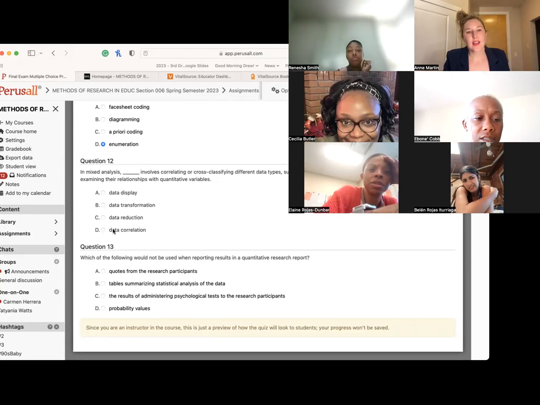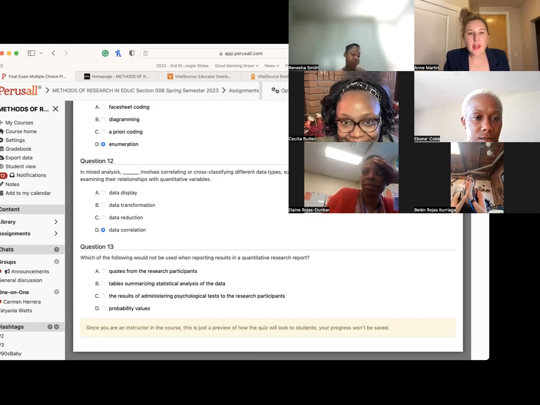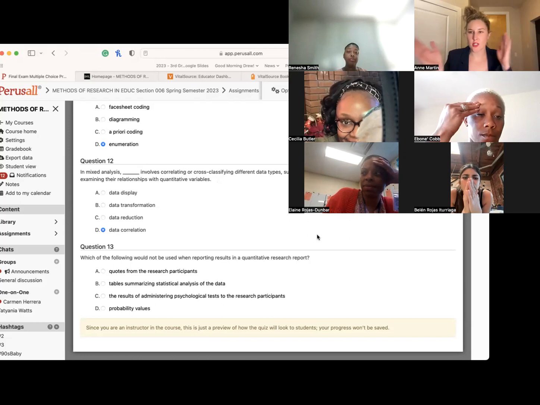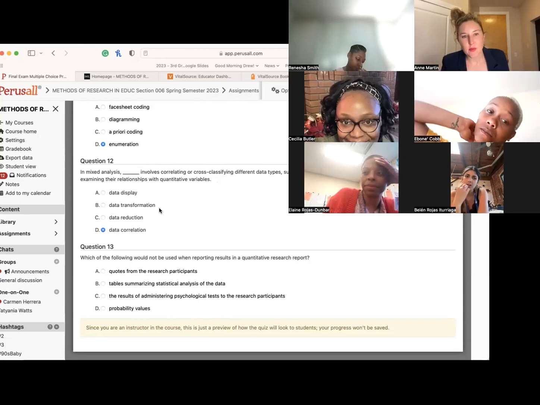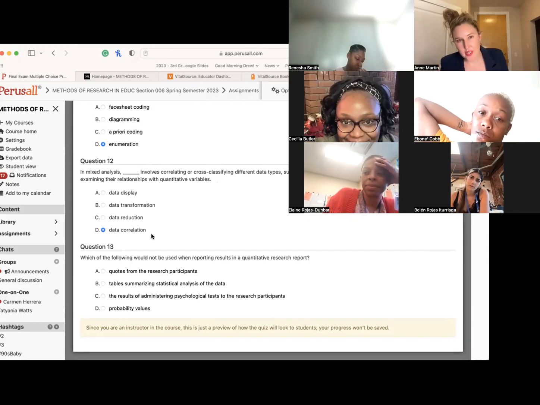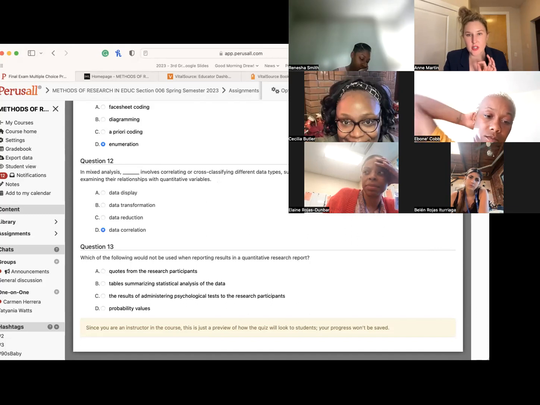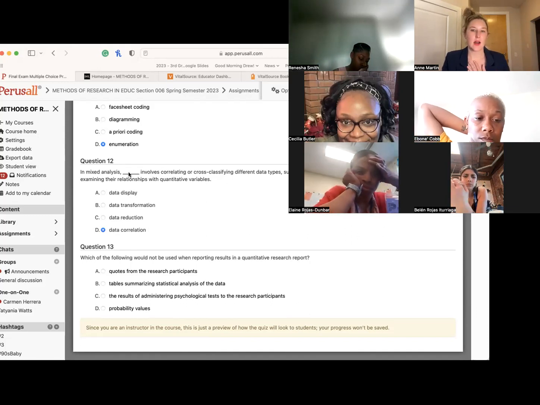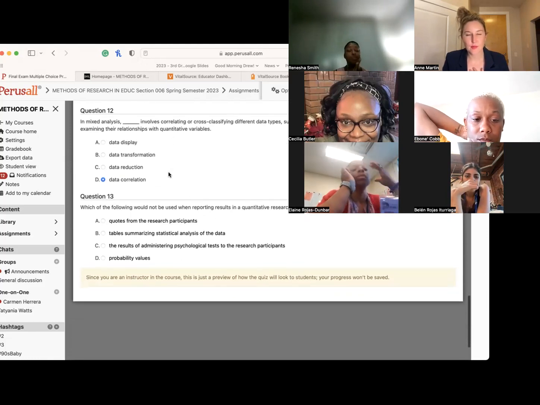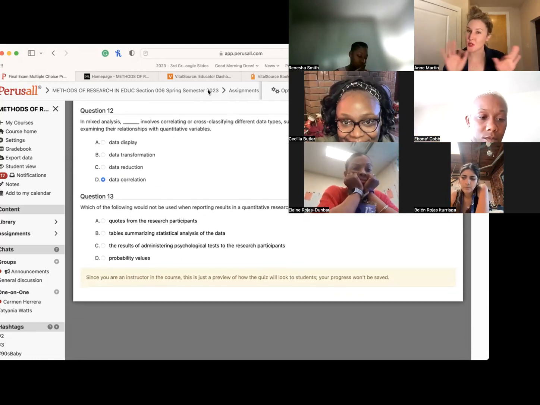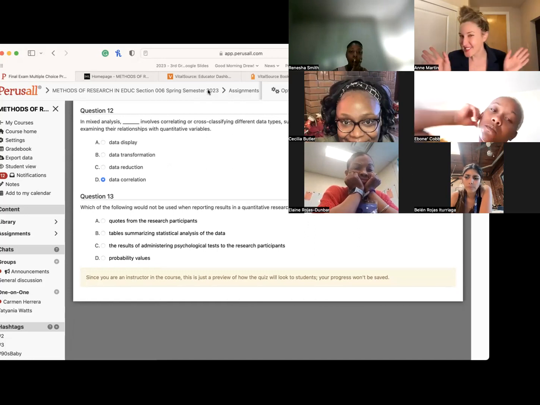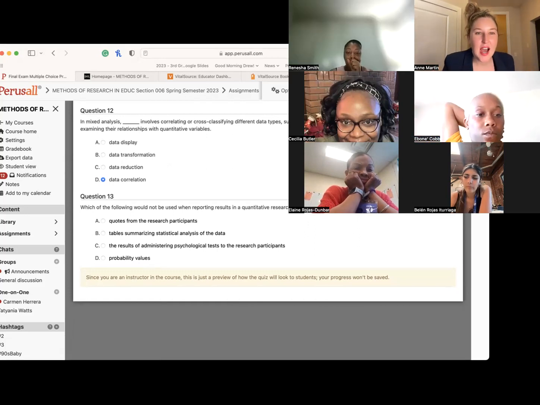So data correlation, it is transforming the data, but since you're cross-classifying, data transformation can be a type of data correlation. So when you are transforming the data, yes, this part is data transformation, but for the purpose of data correlation. But again, if this was one of those short answers, if you explain, it would be great.